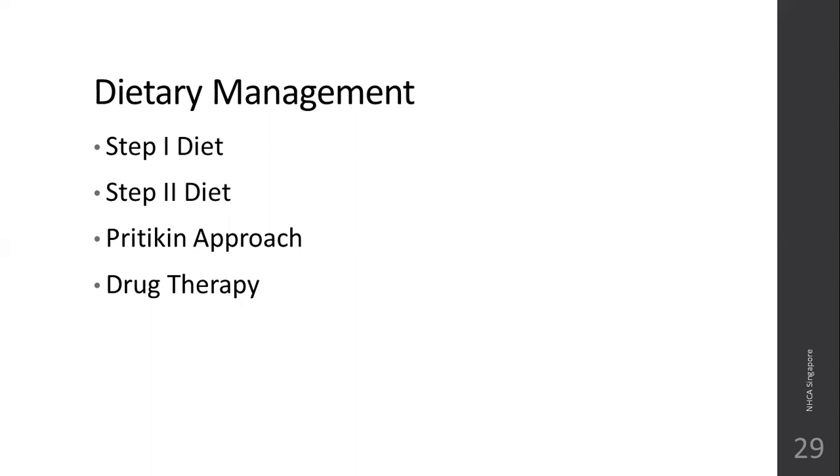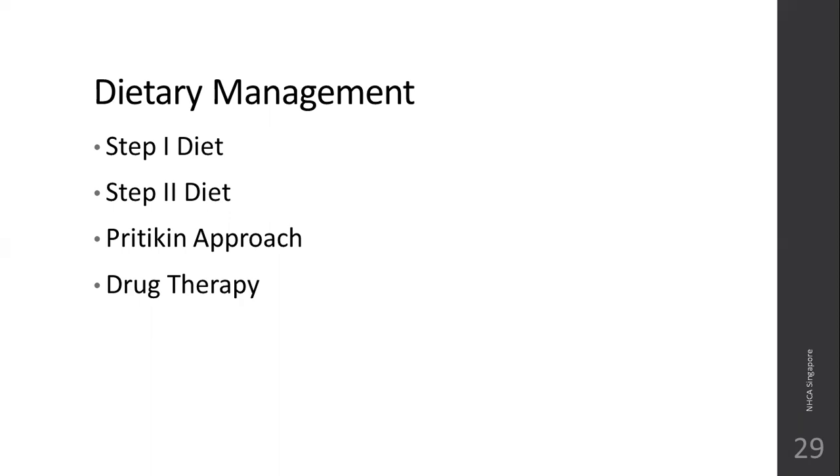Step one diet is when your low density cholesterol is more than 110 mg per deciliter. Only 30% of the calories should come from fat. You have to be very strict with that, and that includes monounsaturated and polyunsaturated fat. Restrict your cholesterol. One egg per day is fine, but not more than that. Avoid the yolks of the egg. Just eat the whites.